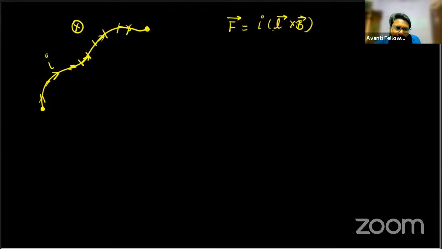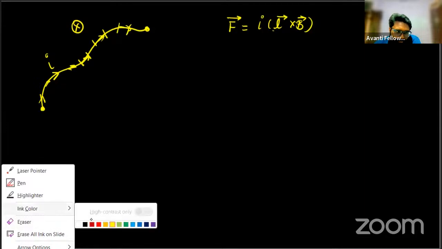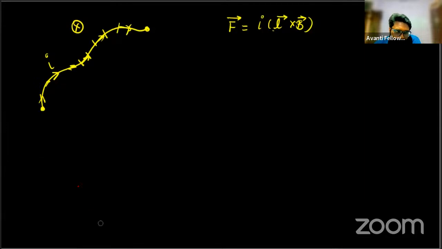So always remember, if you just join the start point to the end point, the point from where the current enters the wire, join it with the point from where the current is going outside. So this particular length you have to take as L effective.